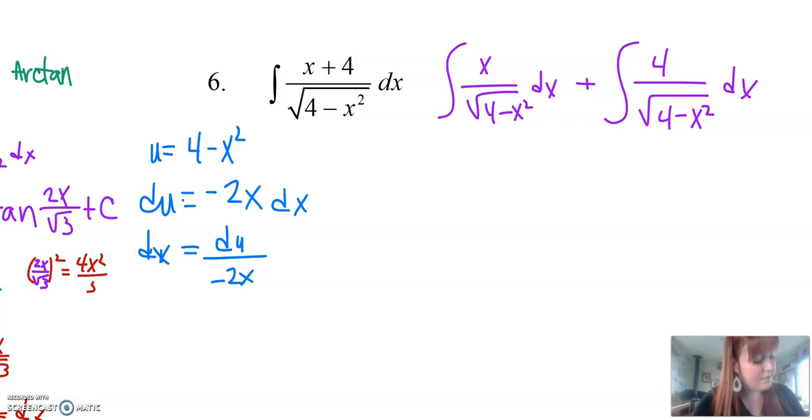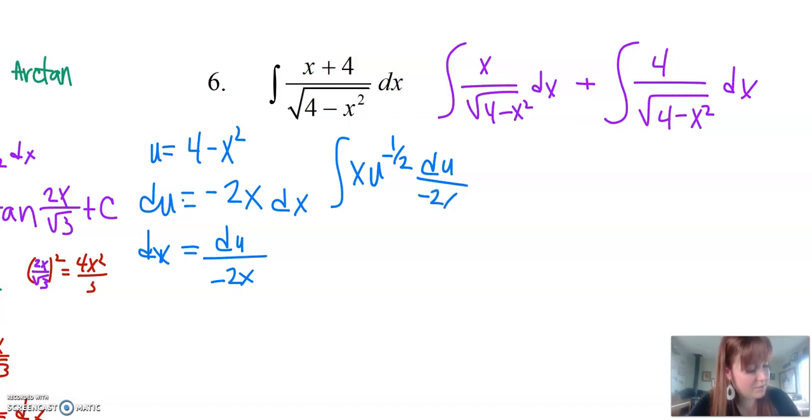That's then the integral of x over u to the 1/2. Let's rewrite that as u to the negative 1/2. So we have x times u to the negative 1/2, and then we have du over negative 2x.